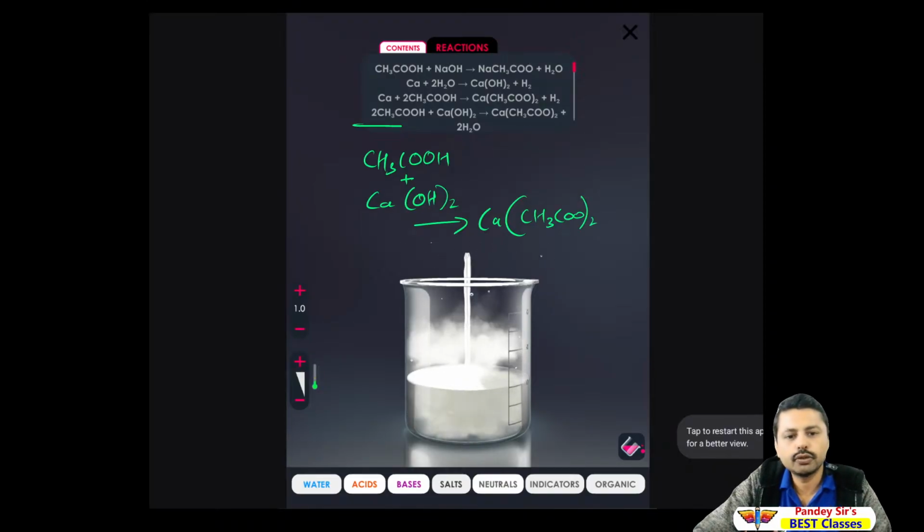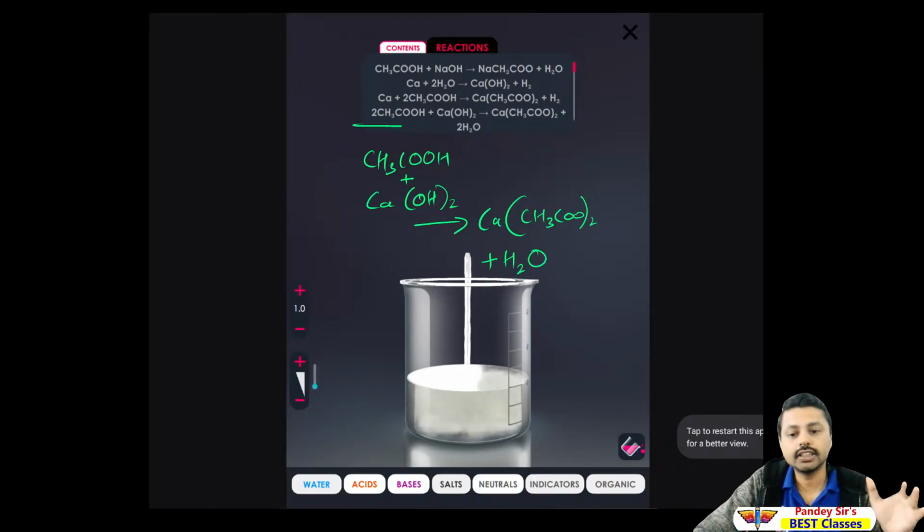Okay, so H2O is forming with heat, and this product is white in color. The bubbles are due to the heat, and the reaction is highly exothermic, and that's why this all happens. Okay, it was good.